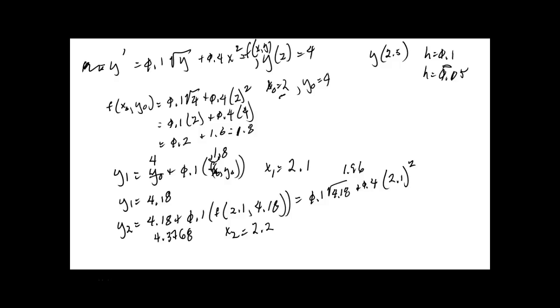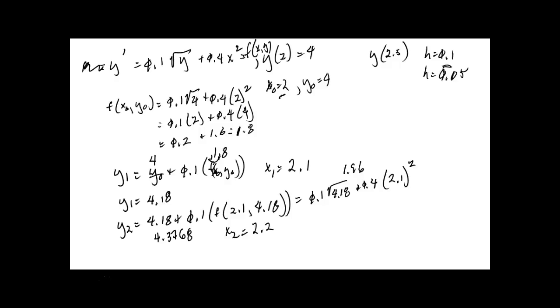You have to change that to 0.05 times, and then you'd have to calculate and see what f of x0, y0 was, plugging in there. But now, that 0.1 doesn't change. That's part of that problem. All that remains the same.